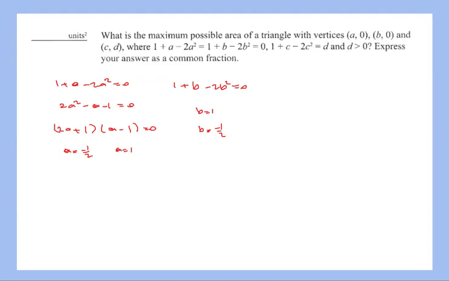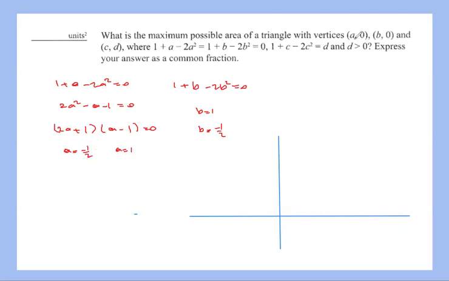So let's think about what's going on in the coordinate plane as well. Something like this. We have a coordinate plane, and we have the a and b values, right? So the a is 1 or -1/2.